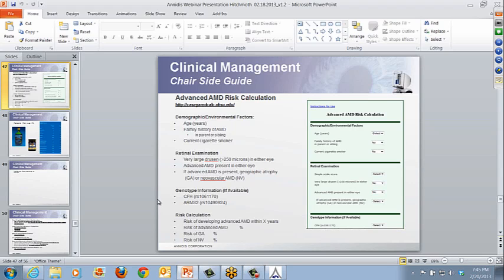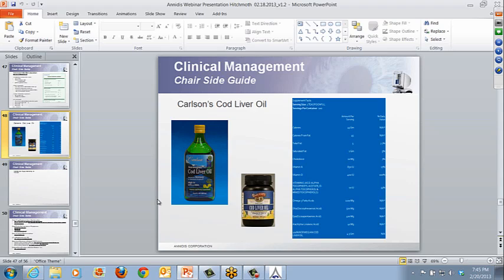You get almost the same risk calculation in the end with or without the genetic testing if you have the other information accurate. Okay, so that's another tool. And this is advanced AMD risk calculation. So based on your clinical appearance, patient's age, their family history, and their smoking status, you can predict what their relative risk is of developing exudative macular degeneration over time.